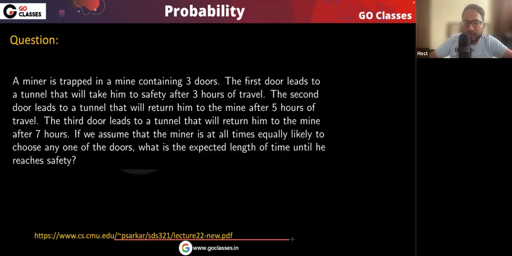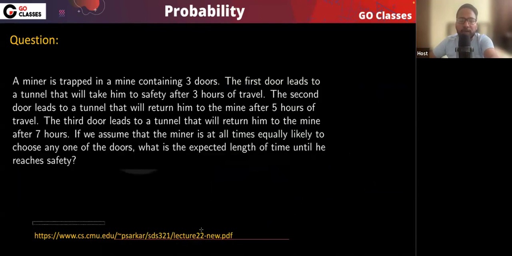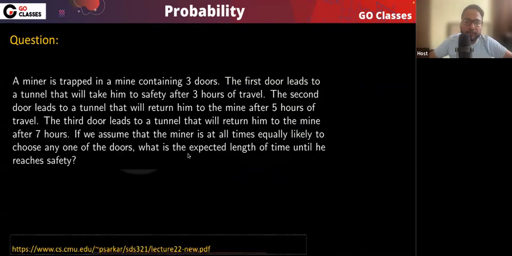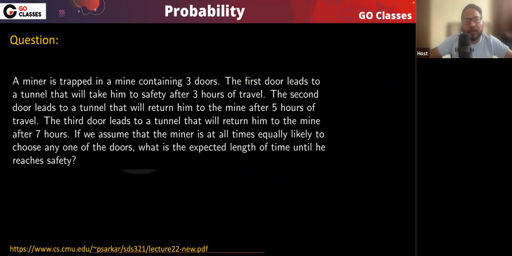Do you want to try this particular question? Let me tell you what this question is saying, and then maybe you can try it out, right? So this question is saying that a miner is trapped in a mine containing three doors. The first door leads to a tunnel that will take him to safety after 3 hours of travel. So basically, there are three doors, right?